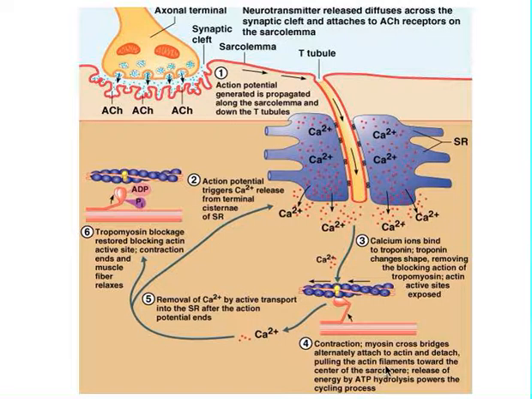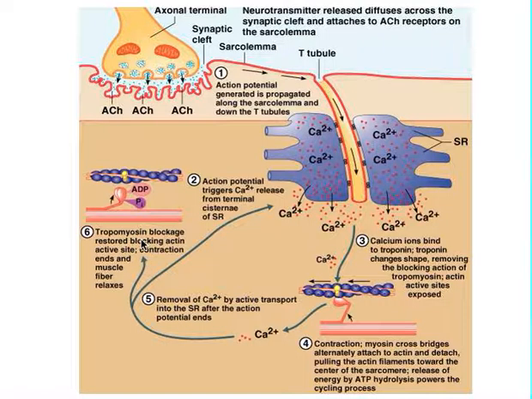And so that pulls the actin filaments towards the center of the sarcomere, that little small structure. And then release of energy by ATP hydrolysis powers this cycling process. So yes, ATP powers that part. ATP powers the myosin. The calcium allows it to happen. And then when the calcium is removed by active transport back into the sarcoplasmic reticulum, after the action potential is finished, after the nerves stop firing, guess what?